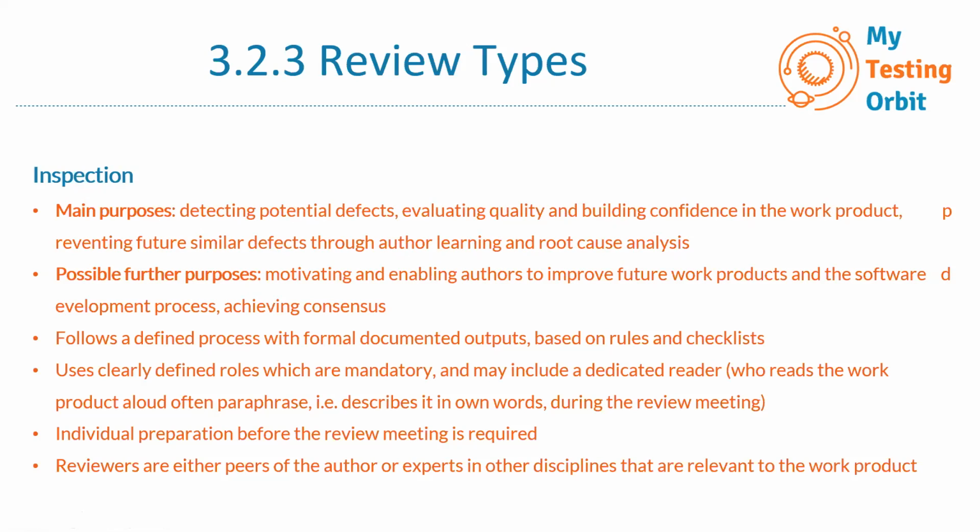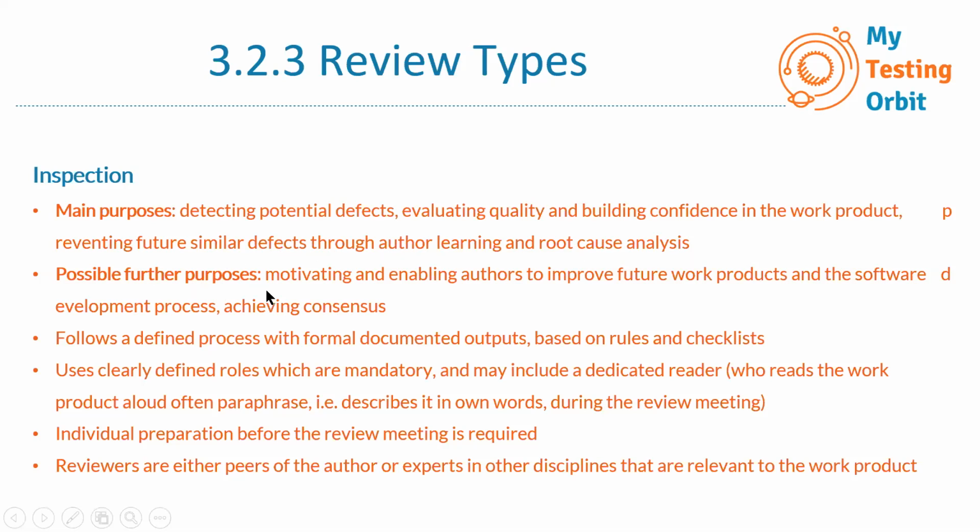Based on the findings, it can prevent future similar defects through author learning and root cause analysis. Root cause analysis, which we covered in our initial sessions, helps us improve future work products by analyzing the root cause of any kind of defect.